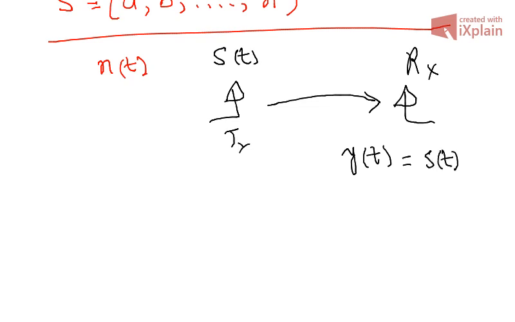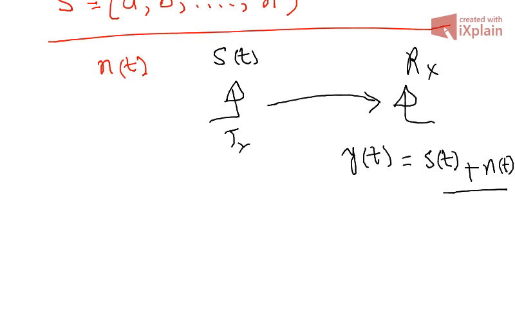But at the digital receiver you will always see an additive component, n of t, and this is called the noise. We already discussed the model for this noise: it is Gaussian. That is why we call it additive white Gaussian noise.